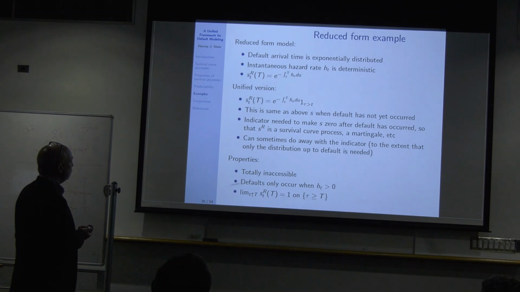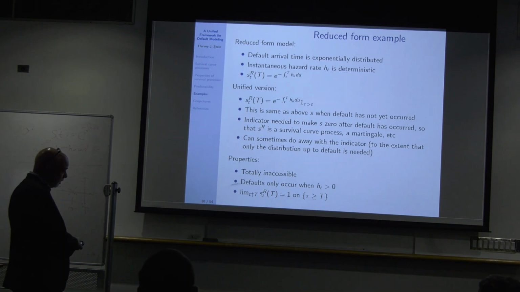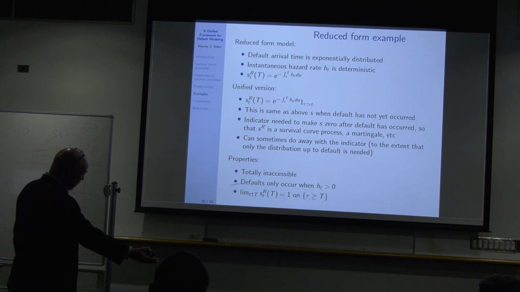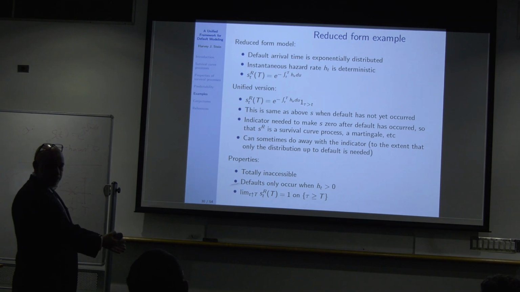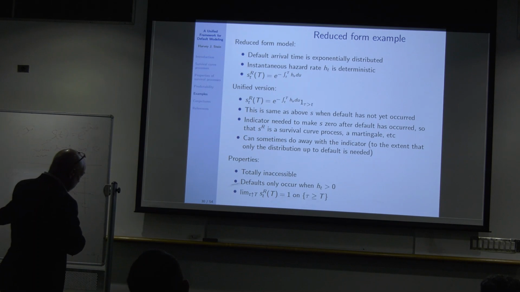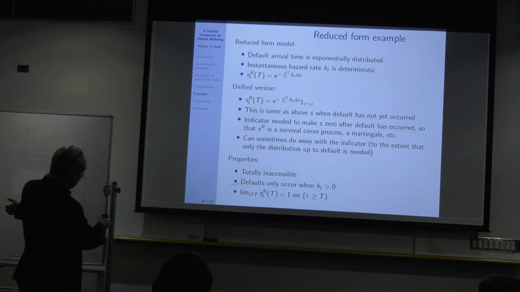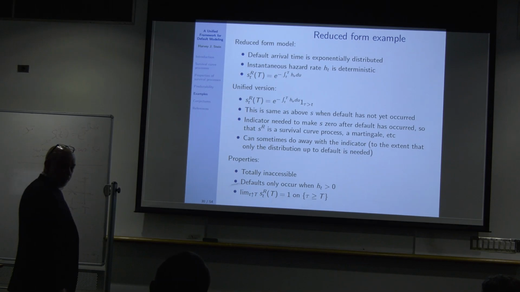So on the set that you haven't defaulted yet, right? If you've already defaulted, it obviously goes to 0. But in particular, at the times tau greater or equal to capital T, of course, the times greater than capital T, it stays 1 because you haven't defaulted yet. At the times less than capital T, of course, it becomes 0 because you've already defaulted. But at capital T, it goes to 1, even though you're defaulting at time capital T potentially.